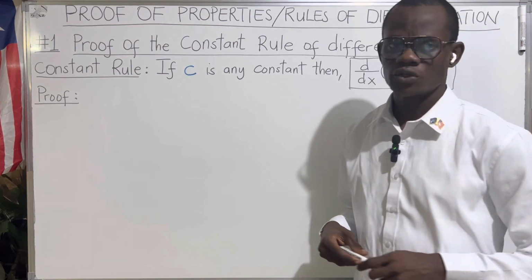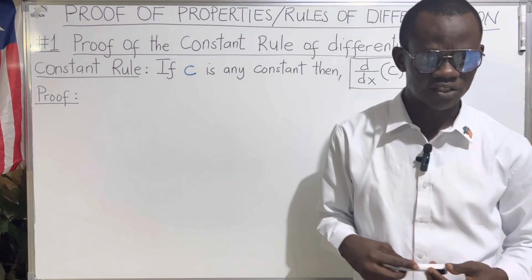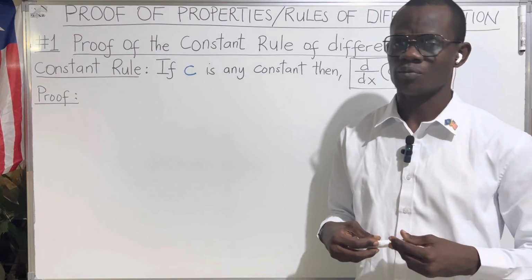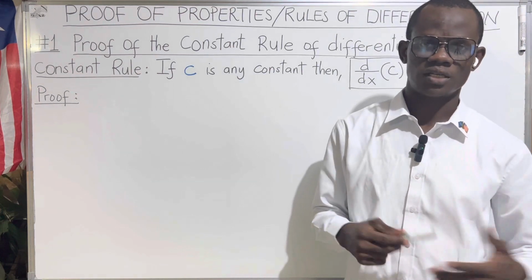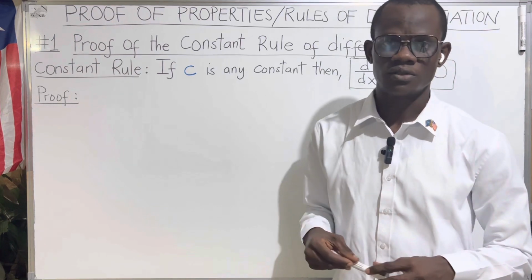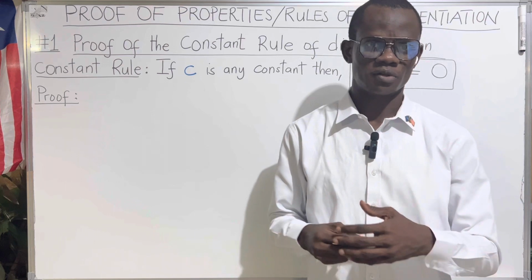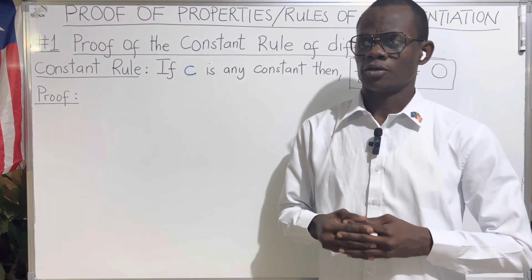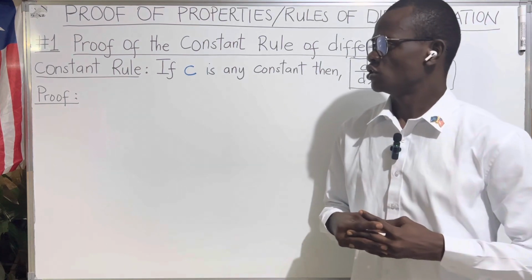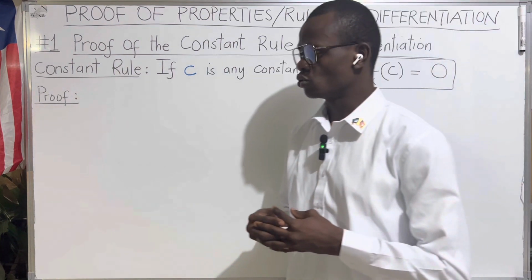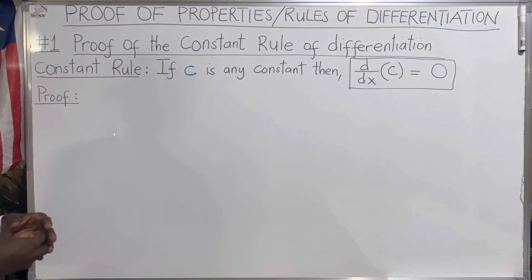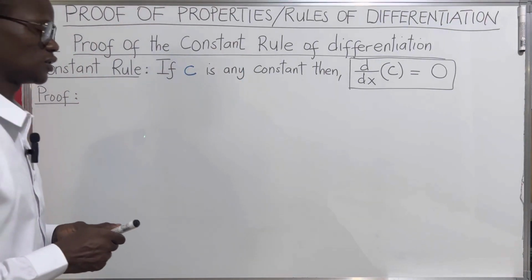To prove that, we're going to use the first principle of derivative that we derived in our previous videos. You can check the other videos and you will see that we did derive the first principle of derivative, or the definition of derivative using the limit process. So we're going to use that definition now to carry on the proof of the constant rule of differentiation.